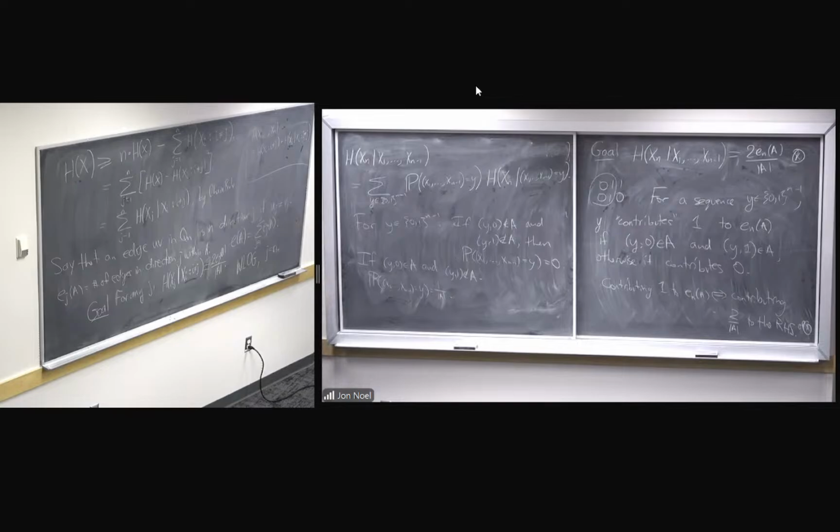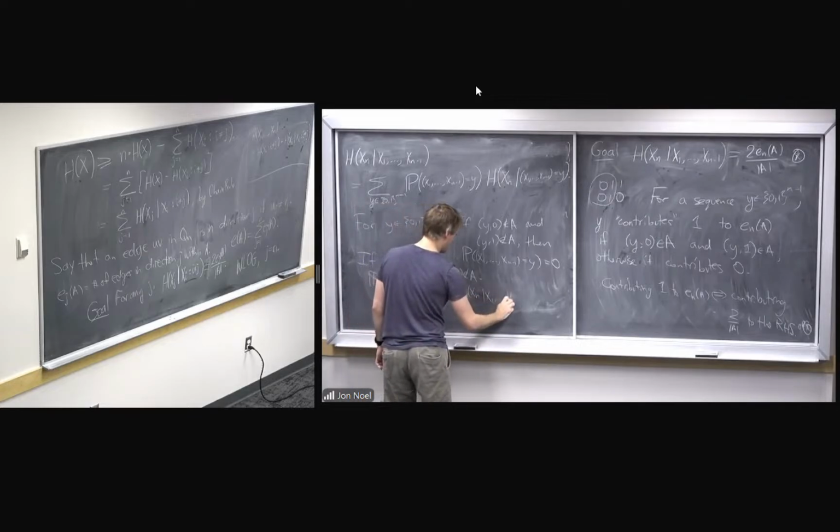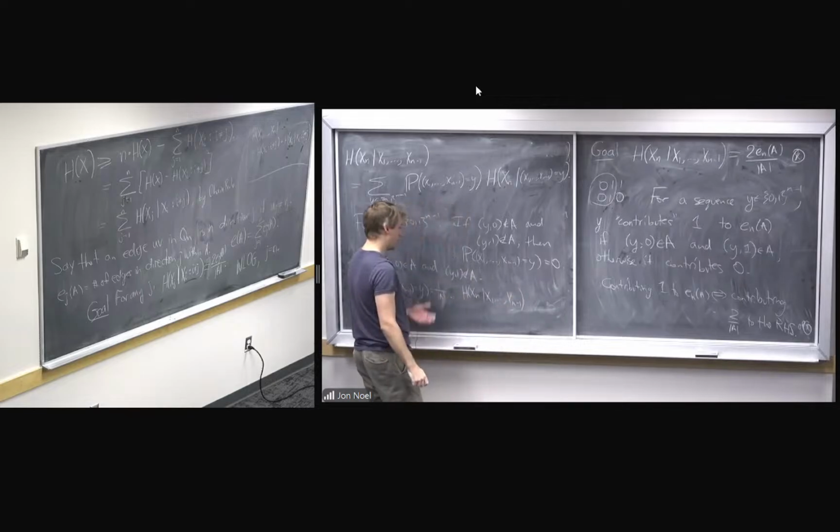If I know that y comma 0 is in A and this one isn't in A, and the first n minus 1 coordinates give me y, there is no choice for the last coordinate. It is a 0. So knowing this information immediately determines the last coordinate, because this one's in there and that one's not. Revealing the last coordinate after revealing the first n minus 1 gives no additional information. So indeed, this is going to have entropy 0.